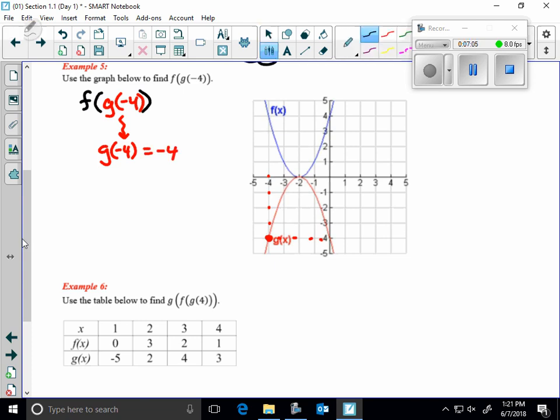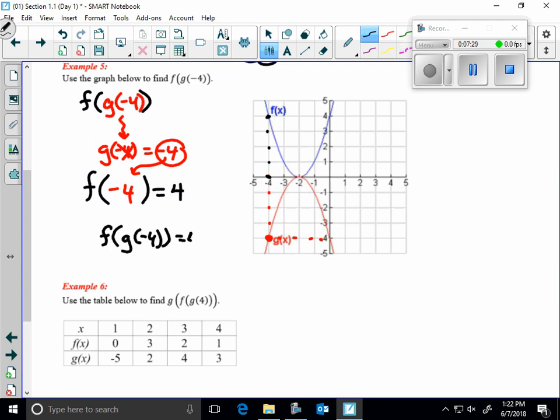So I'll be taking f of negative 4. This negative 4, not that one, this one. All right, so f of negative 4, what is that? Let's go on over here, over to negative 4, up to f's output. It looks like f of g of negative 4 is 4. So f of g of negative 4 equals 4.